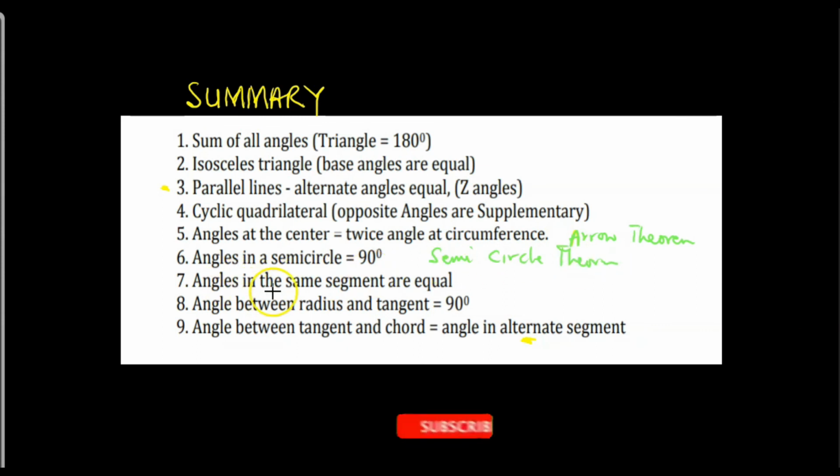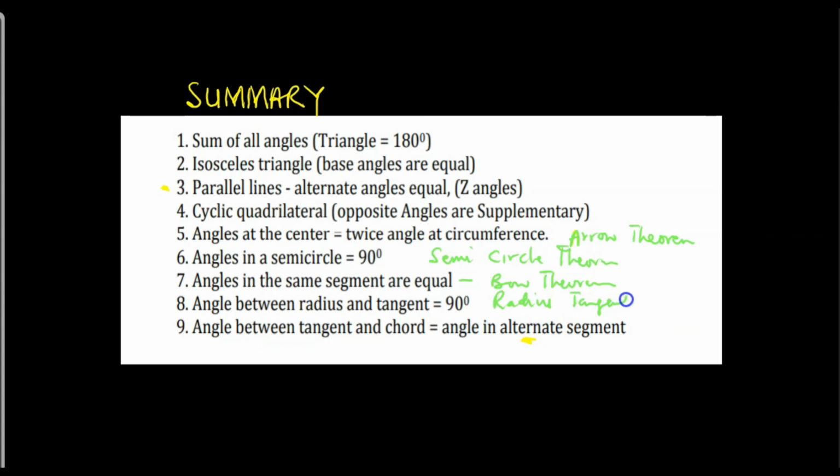And then we had angles in the same segment are equal. That is the bow theorem. And then we have the angle between the radius and the tangent equals 90 degrees. That's the radius tangent theorem.